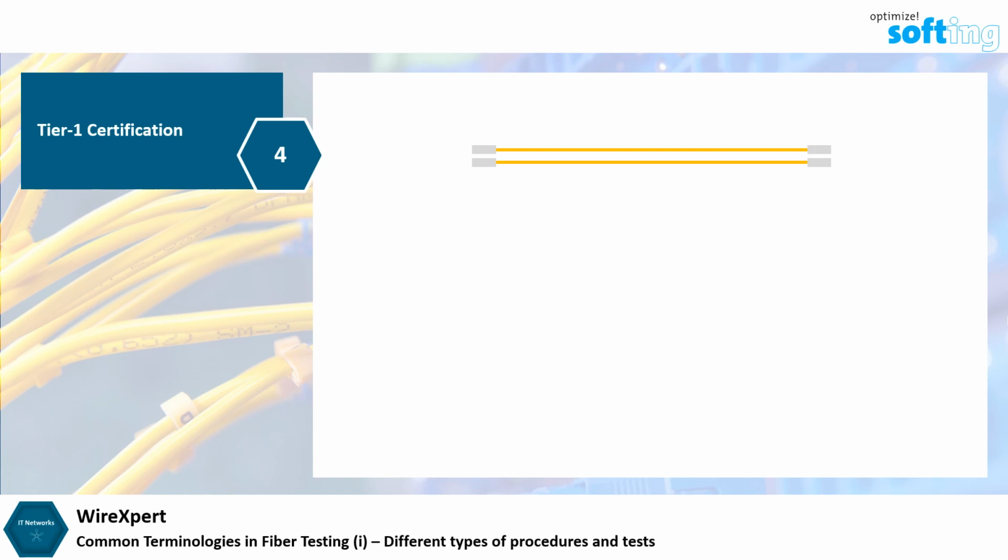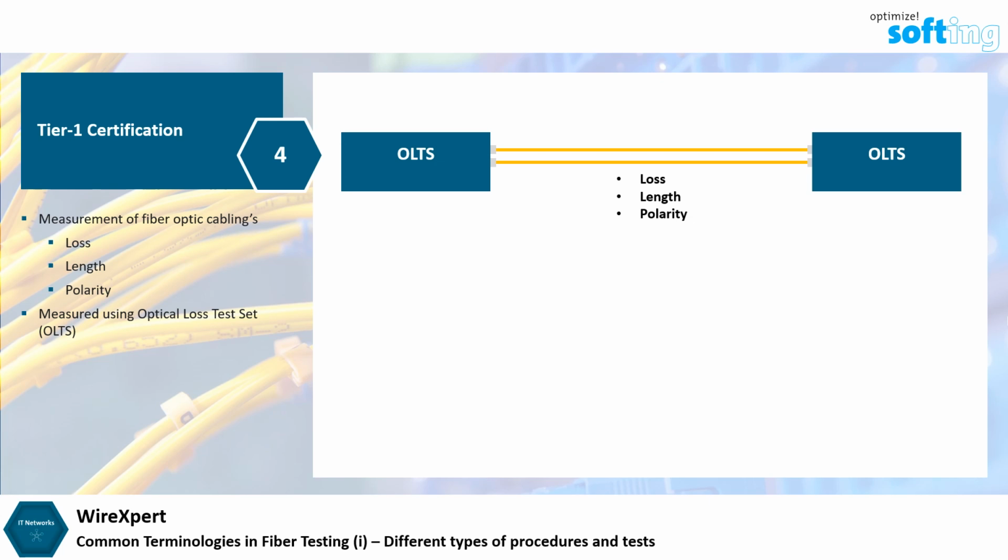Tier 1 certification is the measurement of loss, length and polarity of the fiber cabling from one end to the other end of the link. This measurement can be performed using the optical loss test set, or OLTS. An OLTS consists of a light source and a power meter.